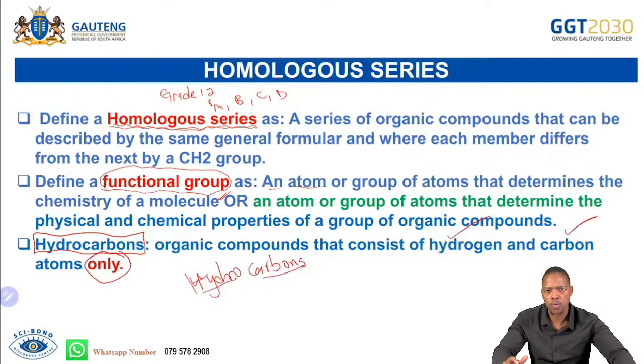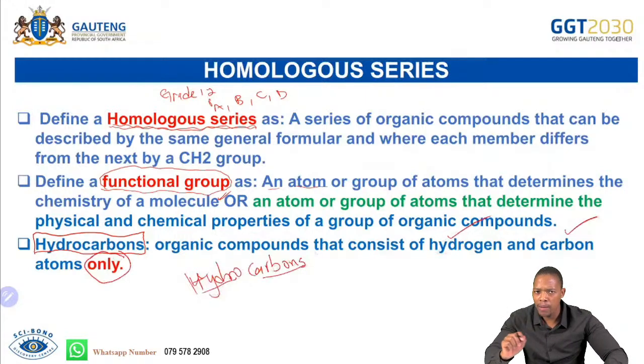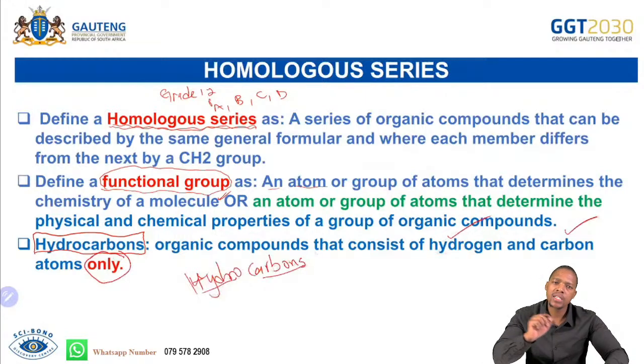It's a functional group. For today, I want us to focus mainly on the name of the homologous series and also the structure of the functional group, to say what I look for in the structure that tells me that this compound belongs to this homologous series.